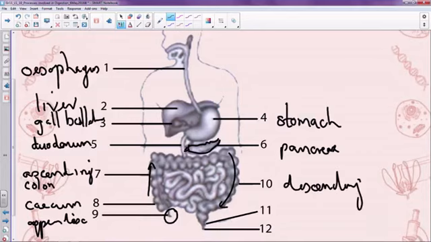It's the descending colon. And number 11 would be the rectum, which temporarily stores the waste products, and number 12 would be the anus.